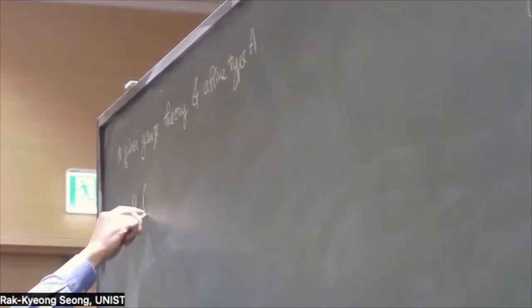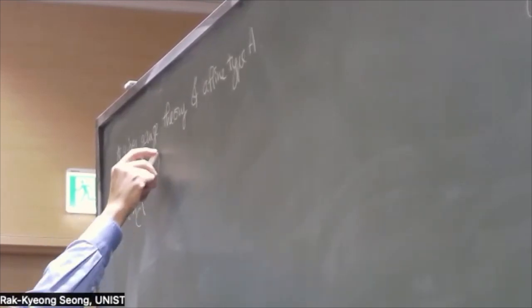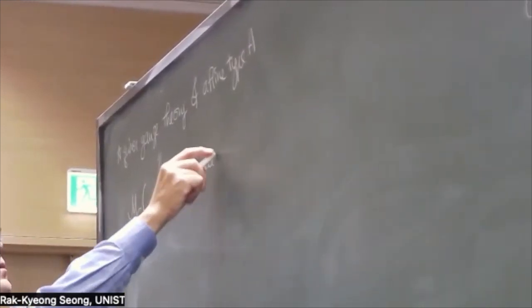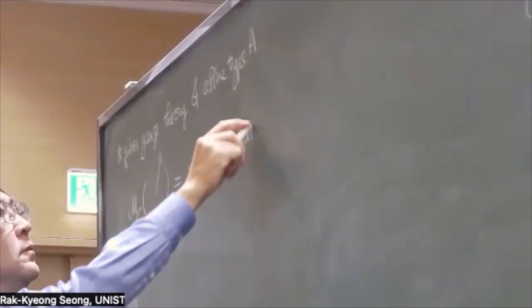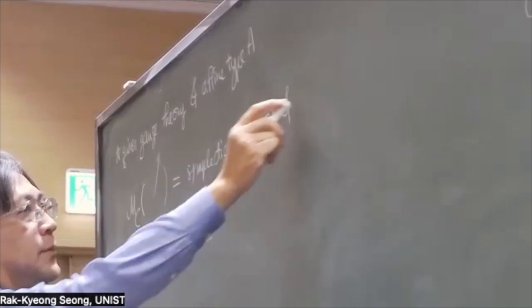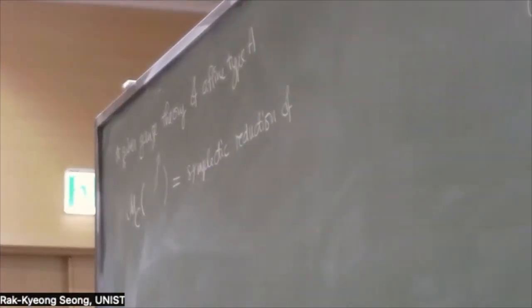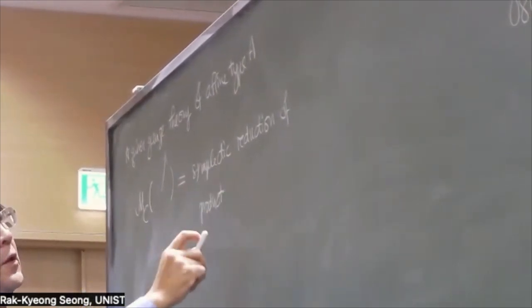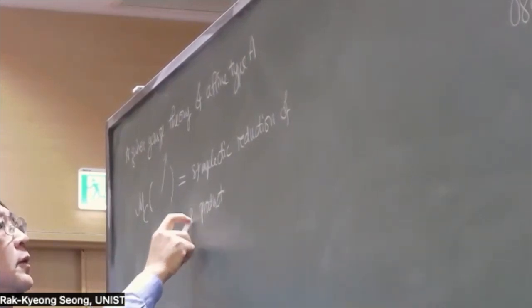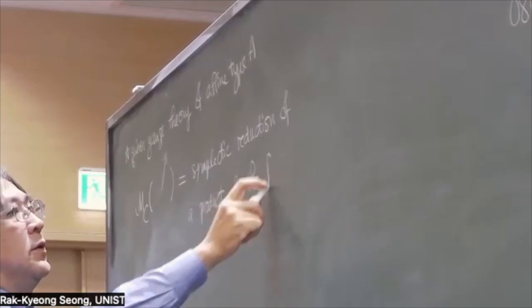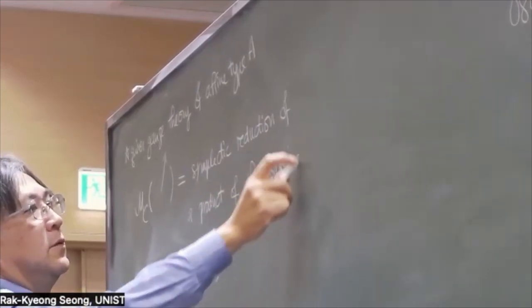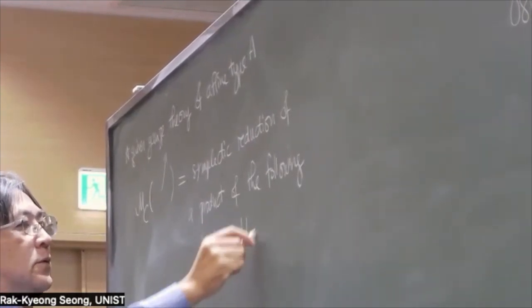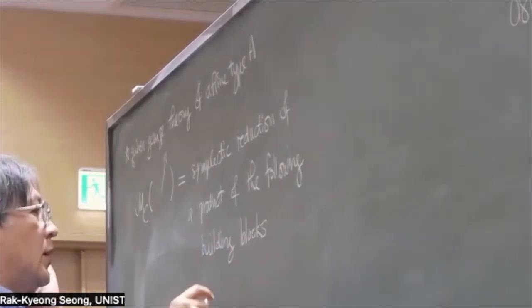The Coulomb branch MC of this kind of theory is the symplectic reduction of the product of the following building block by the diagonal.